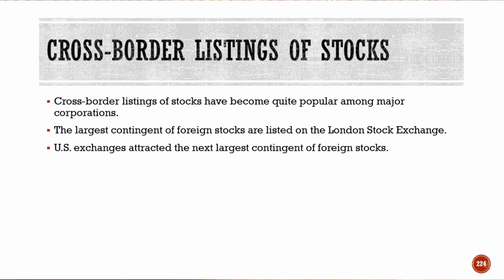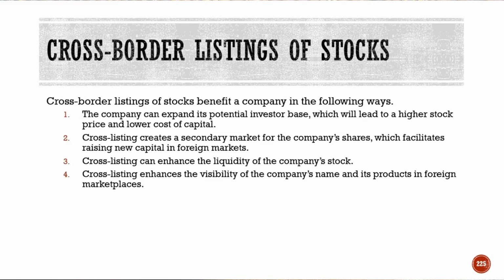And because the company is listed on the exchange, typically it needs to follow a lot of strict rules, which means that you can have a better credit rating by following these rules as a side effect of the whole thing. Overall, it will then result in a lower cost of capital.